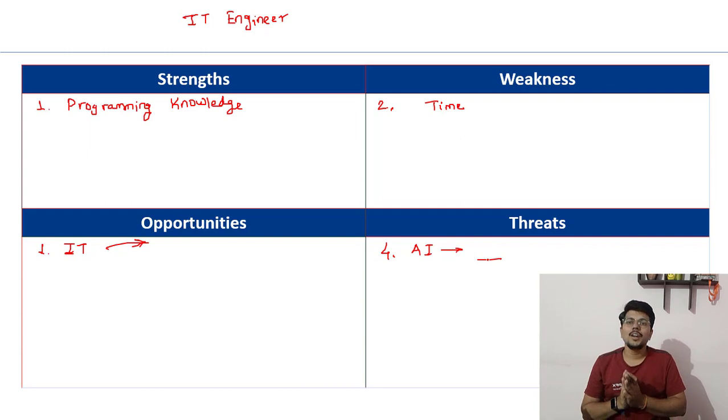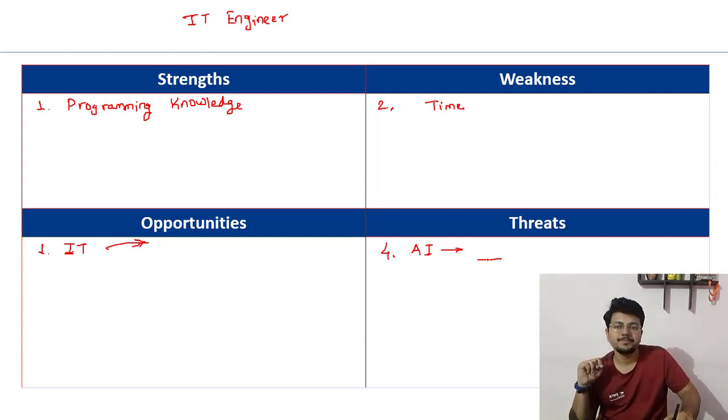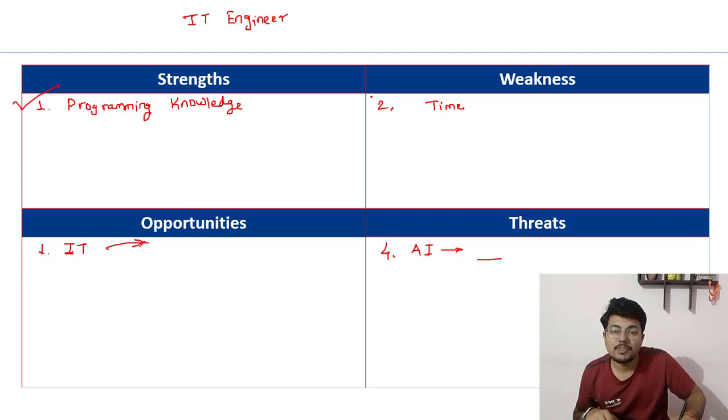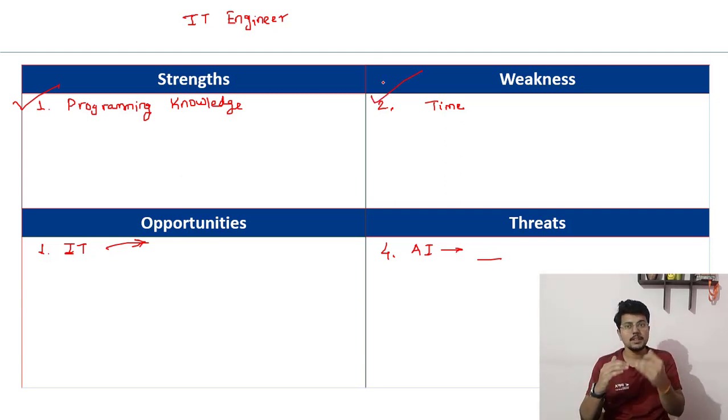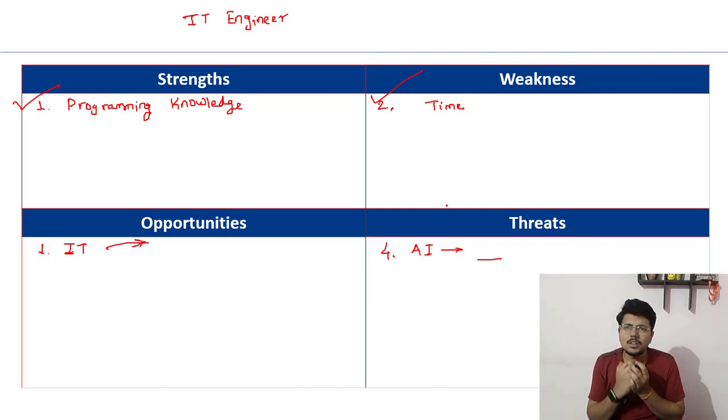So now if you do this SWOT analysis for yourself, what you will get to know, first thing, where you are good at, so that you can take benefit of it. Which are your weaknesses where you need to improve, so you can pick those and then improve on them. And then opportunities and threats, these are the external things that are not in your control.